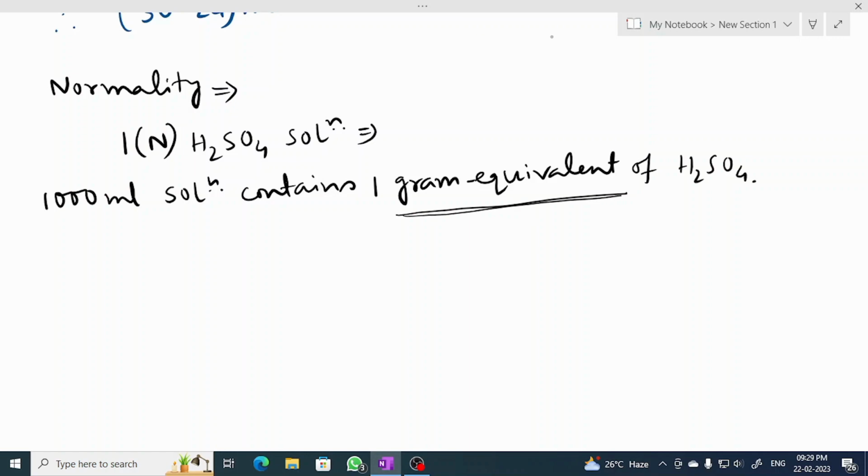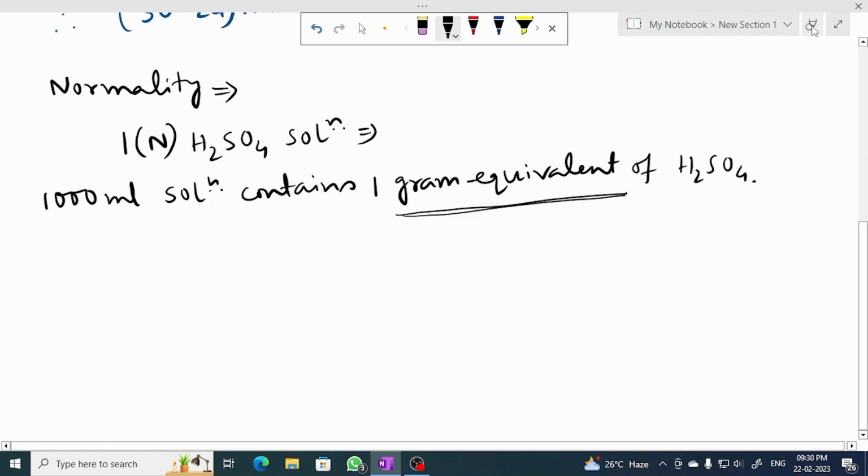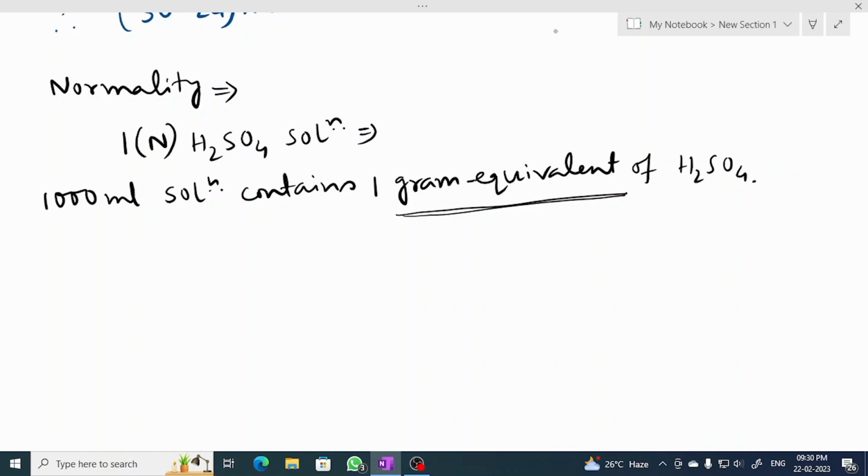To know about gram equivalent, we have to discuss equivalent weight. What is equivalent weight?